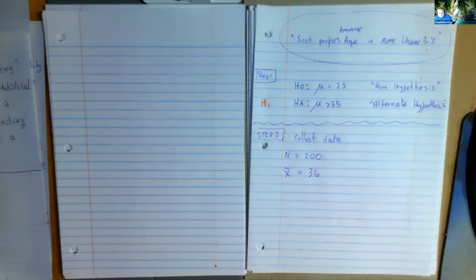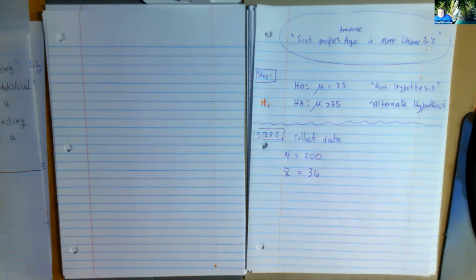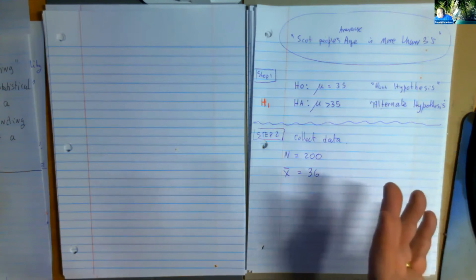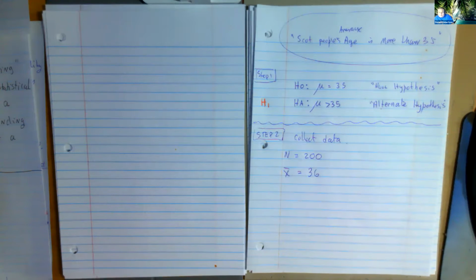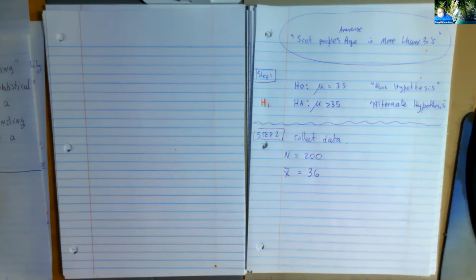Well, not really. This particular sample was 36. Do you know if I got another sample of 200 people, couldn't I have got 34? And then another one, 34.2, and another one, 35.1, and another one, and so on and so on. Couldn't that just be a lucky one? Couldn't that just be a 1 in 100? I picked a lot of older Scottish people, right?